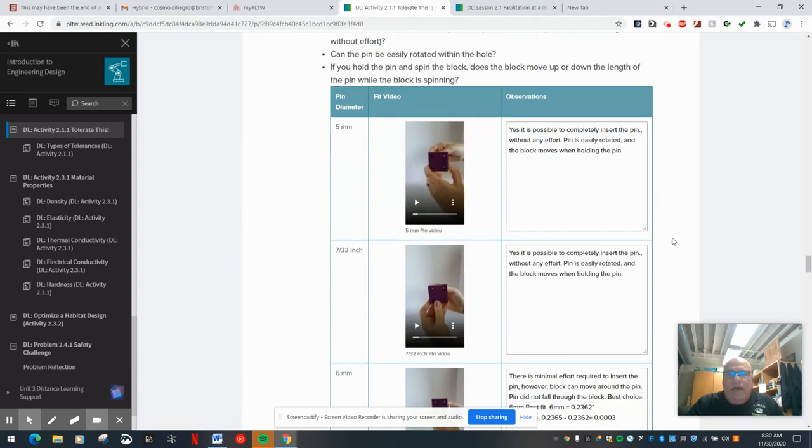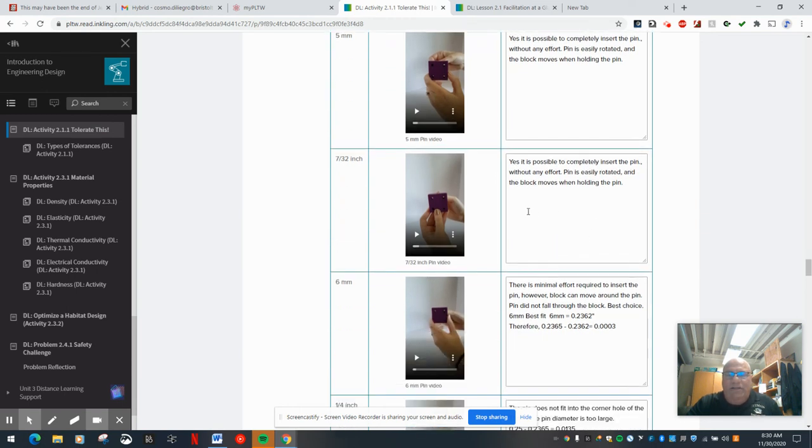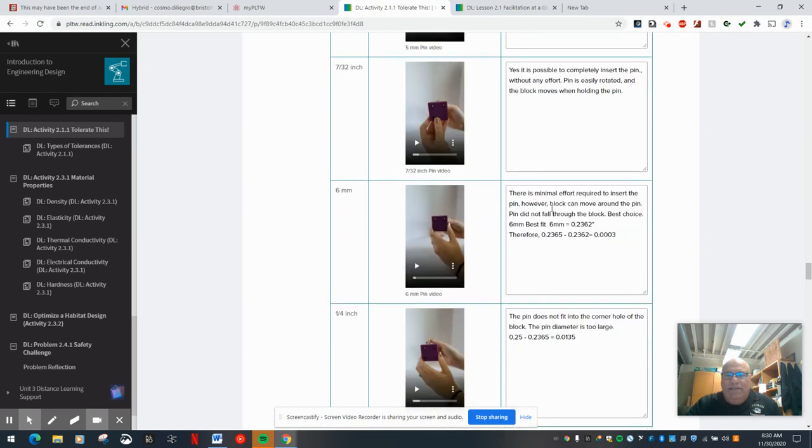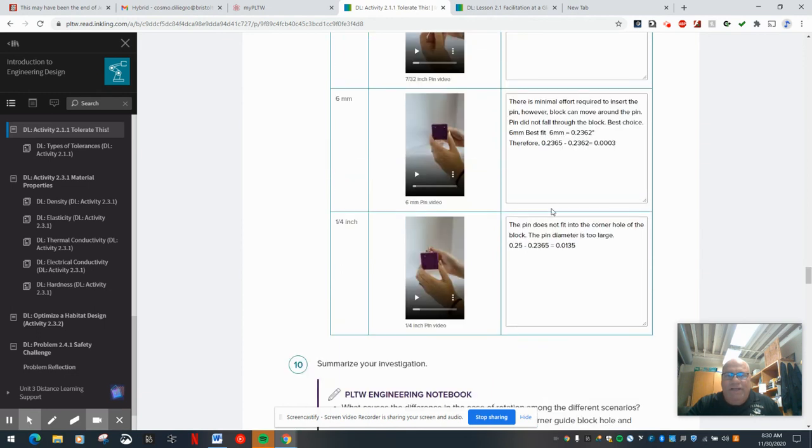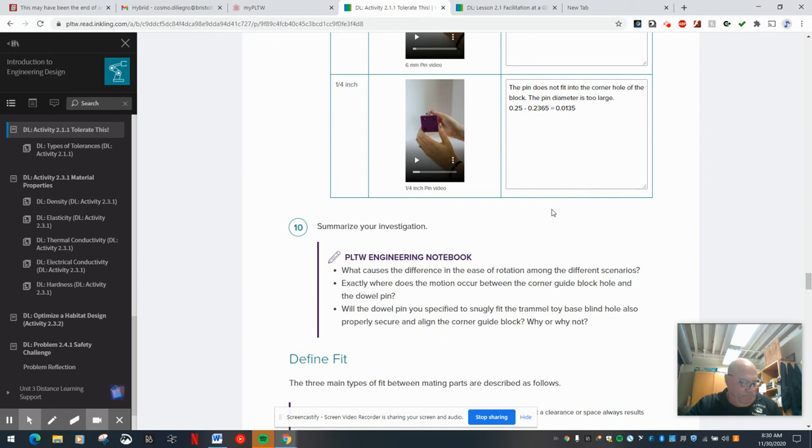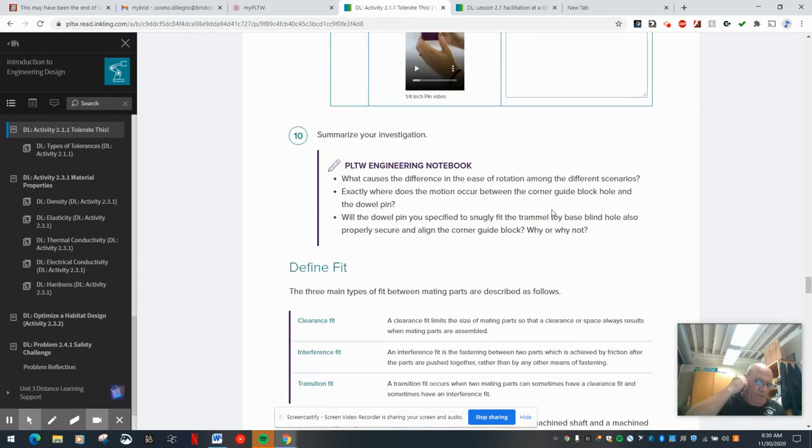Here are the answers for 5 millimeter for that video, for the 7/32 of an inch pin, the 6 millimeter pin, and the 1/4 of an inch pin. And number 10, I was hoping you'd be able to do that.